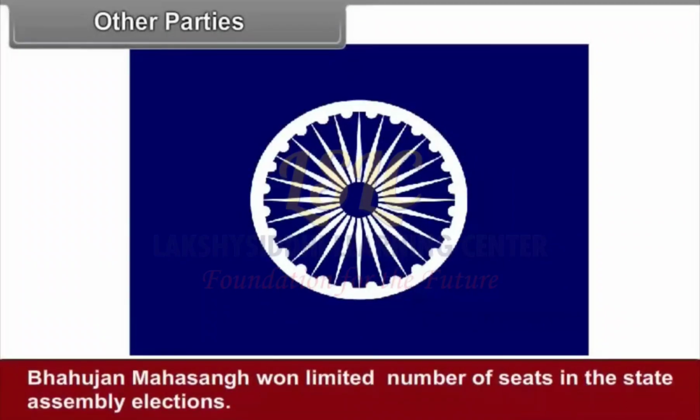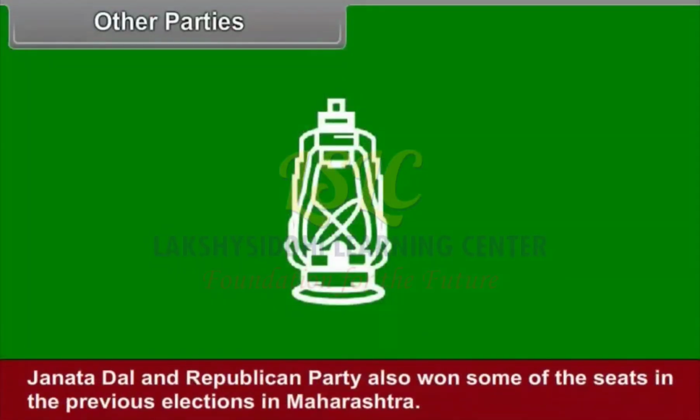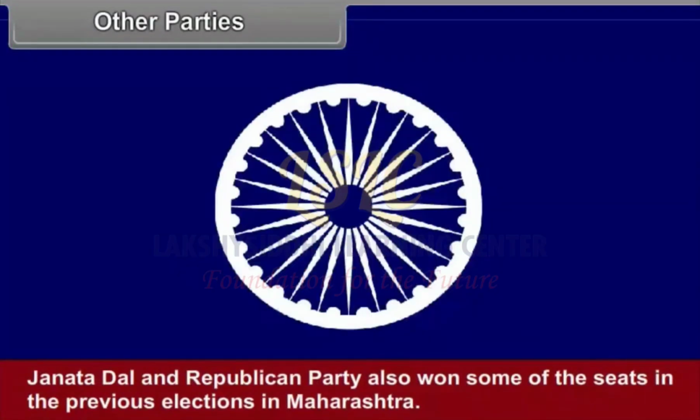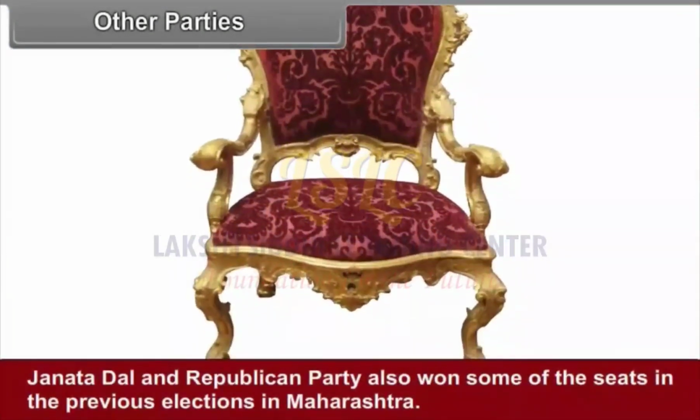Bahujan Mahasangha won limited number of seats in the state assembly elections. Janata Dal and Republican Party also won some of the seats in the previous elections in Maharashtra.